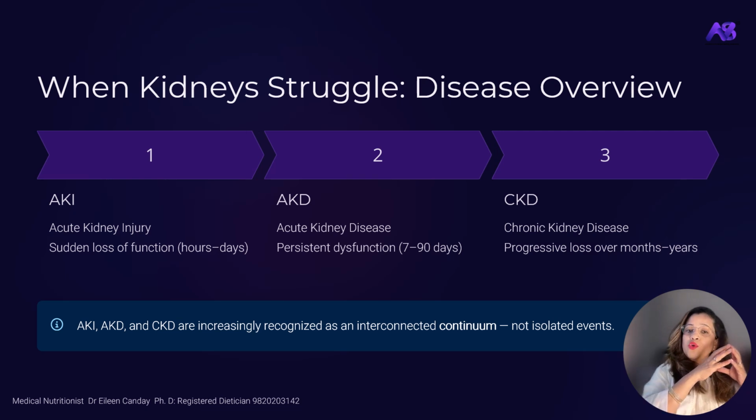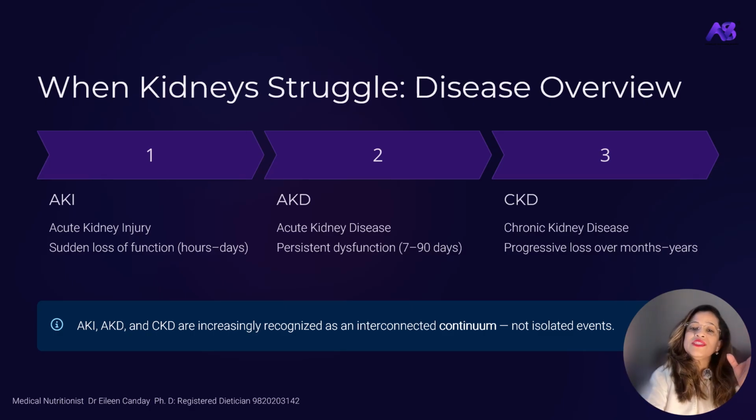Now, these diseases aren't separate silos. They are all interconnected. Somebody who has developed an AKI could develop AKD, and repeated or unresolved kidney stress can lead to CKD.